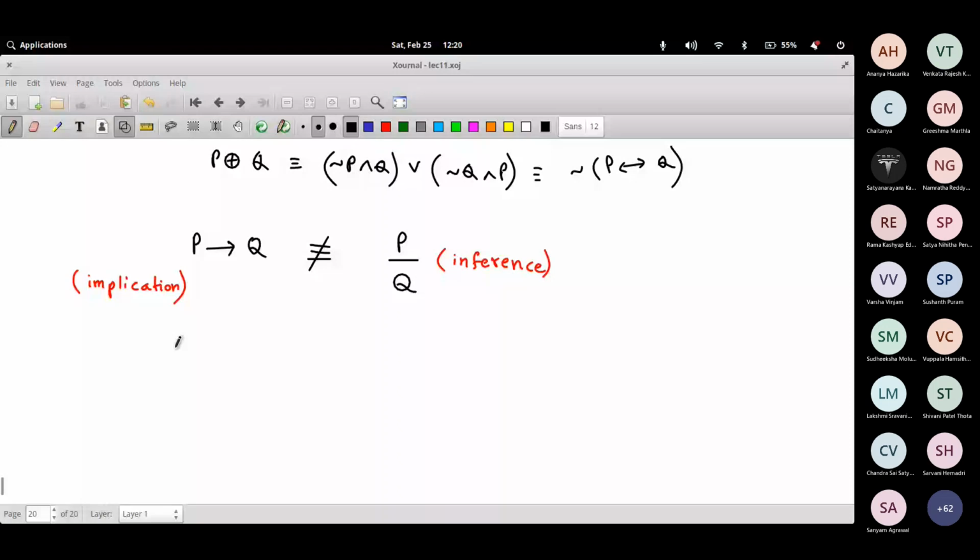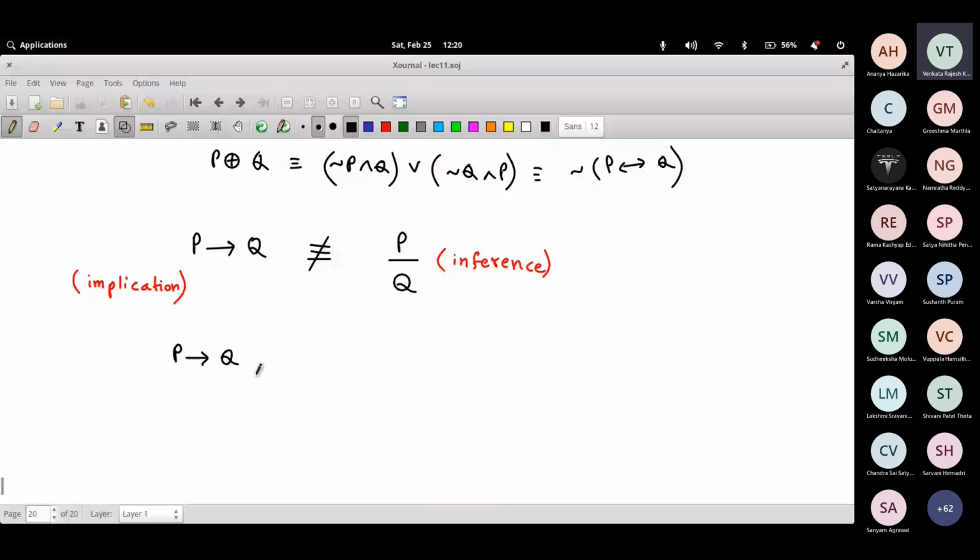So if P then Q, suppose you know that statement if P then Q, it is not telling us anything about whether P or Q are occurring right now or not. All right. For instance, if you take a statement like if there is smoke, there is fire. Now it's not necessary that there should be smoke now.